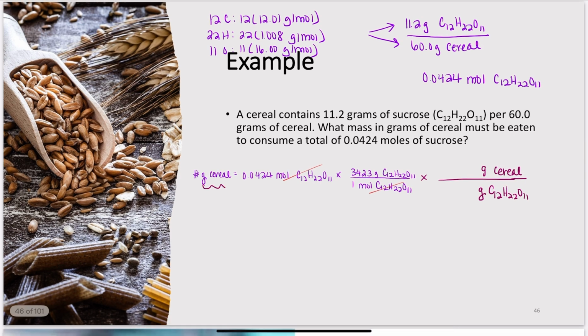So I'm going to have to flip this over. 60.0 grams to 11.2 grams of sucrose. That cancels out my grams of sucrose and results in my grams of cereal. I calculate this out. 3 sig figs, 4 sig figs, 3 sig figs, 3 sig figs. Final answer will just have 3 sig figs. 77.8 grams of cereal.